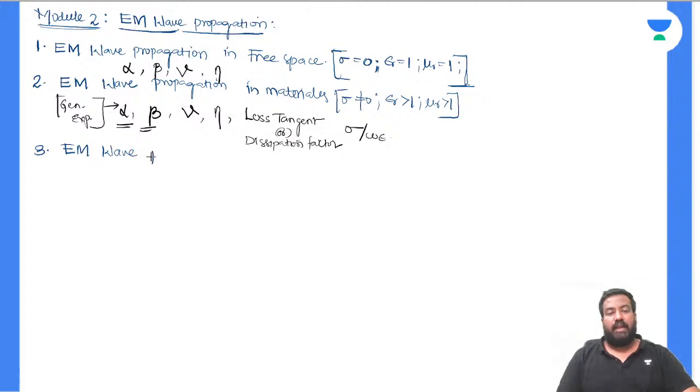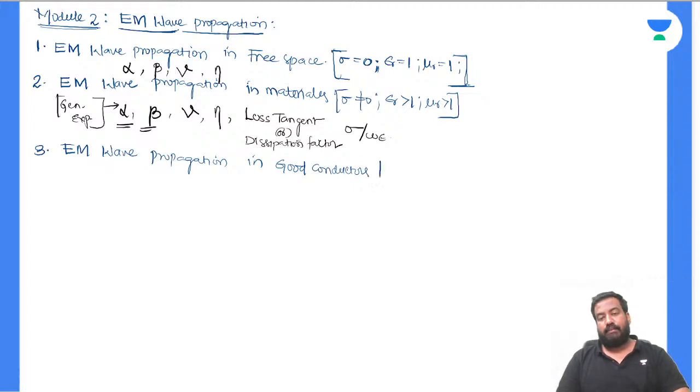Then we discussed EM wave propagation in good conductors, where sigma is far greater than omega epsilon. Sigma by omega epsilon is far greater than 1, greater than 100.